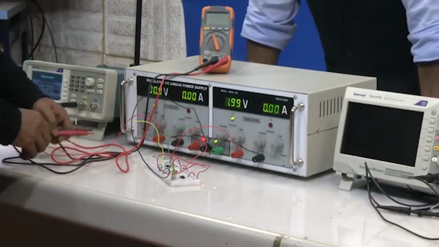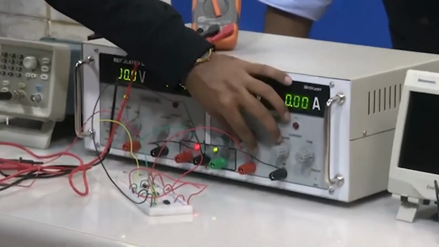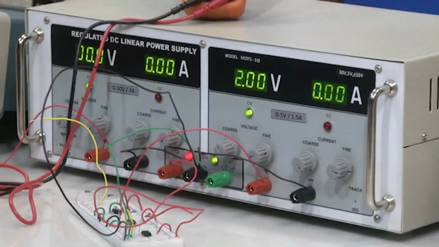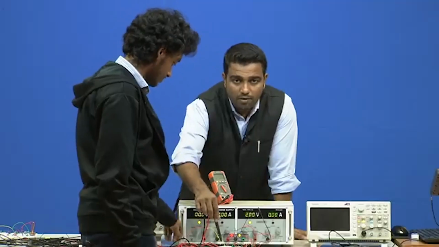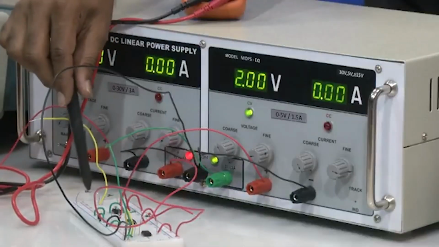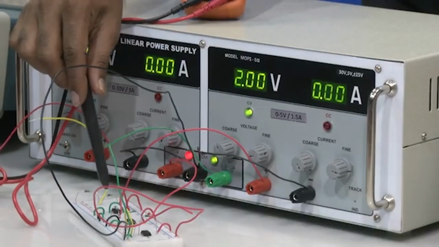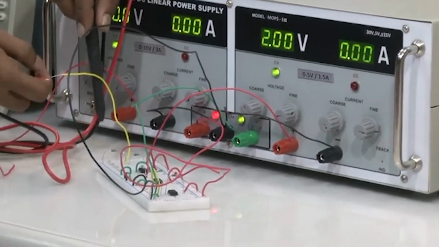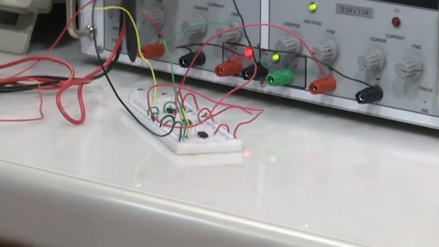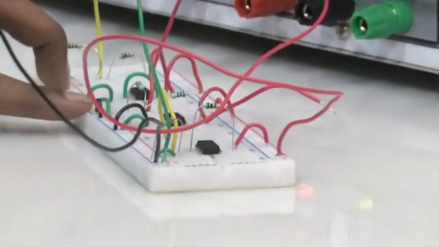We are first applying voltage across the potential divider circuit, which is 2 volts, right over here. As we know, the output is the yellow wire, and the output of this potential divider is connected to the buffer.